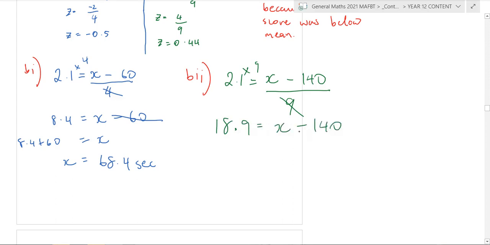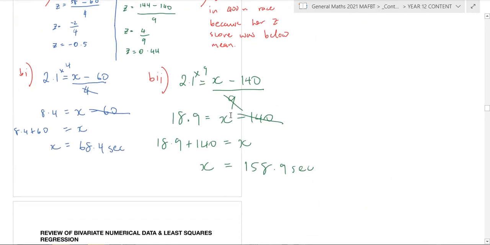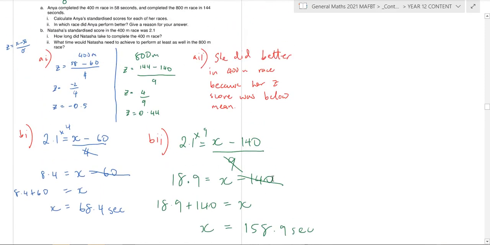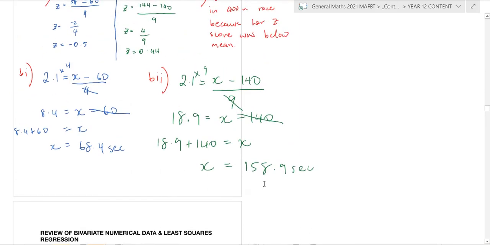Okay, isolate that x again, so that's minus 140, which becomes plus 140, so you get 18.9 plus 140 equals x. So that means for x, it's going to be 158.9 seconds. So that means for her to get a standardized score of 2.1 in the 800 meter race, she needs to get 158.9 seconds on her time.